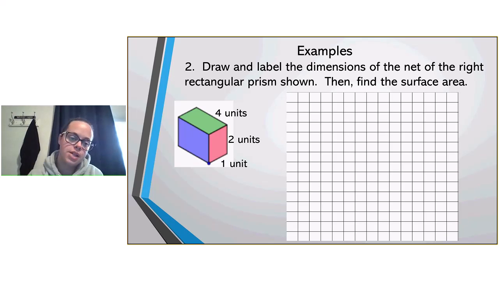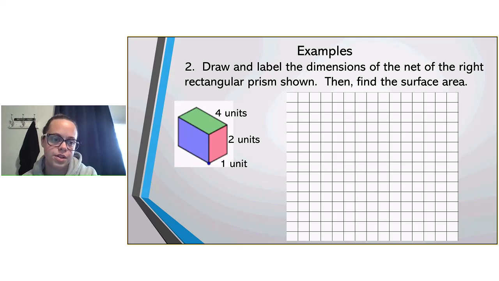Okay, so now we've got an image, a rectangular prism. You can see the length, width, and height are labeled in the image, and we're asked to draw and label the dimensions of the net on that grid. So when you're drawing a net, I typically work in 2 phases.